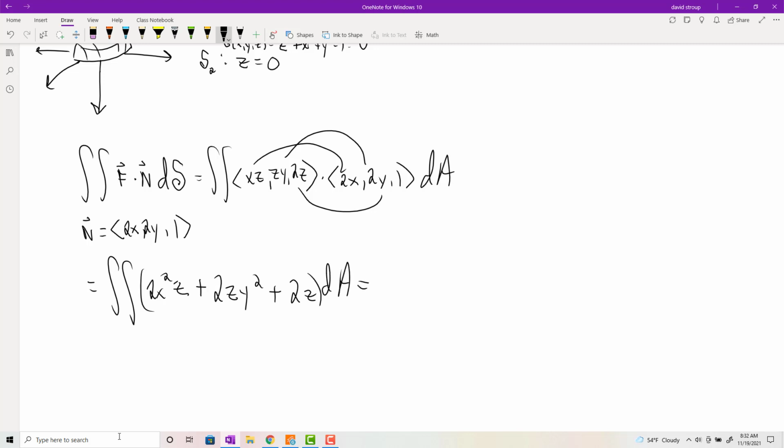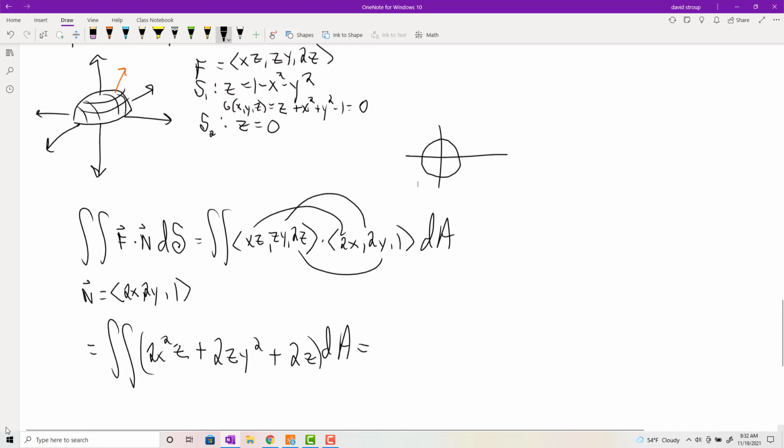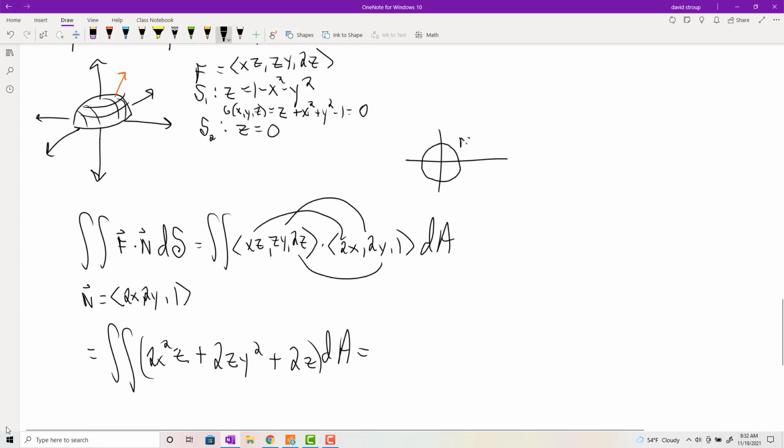So I'm going to go to polar coordinates. The area that we're integrating over in polar coordinates is going to be r equals 1 for the circle, and then theta from 0 to 2 pi.